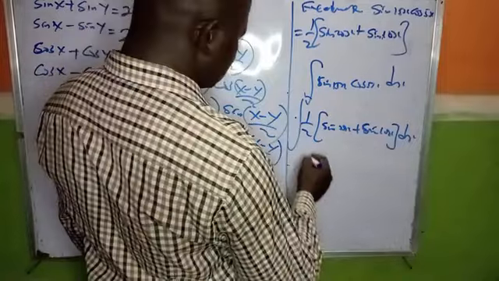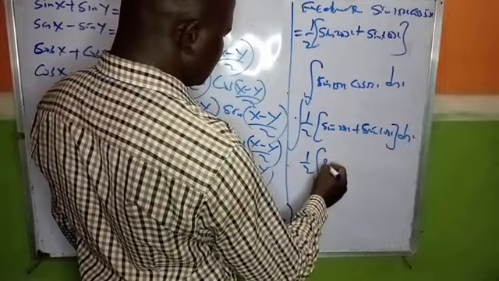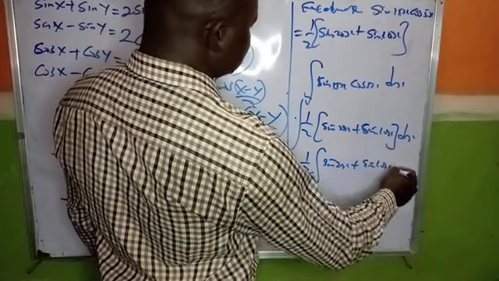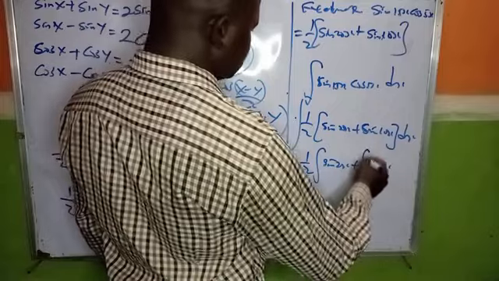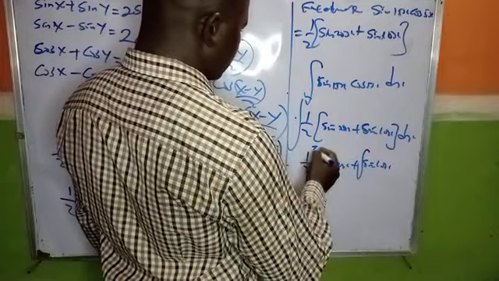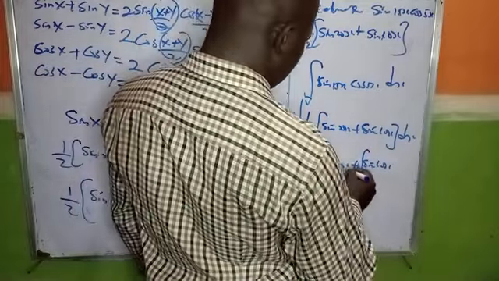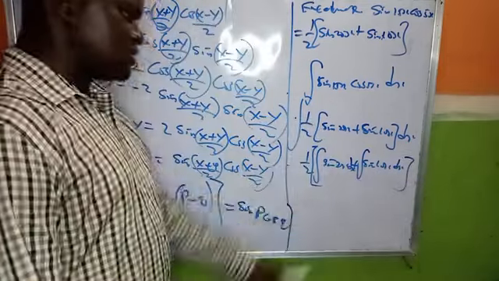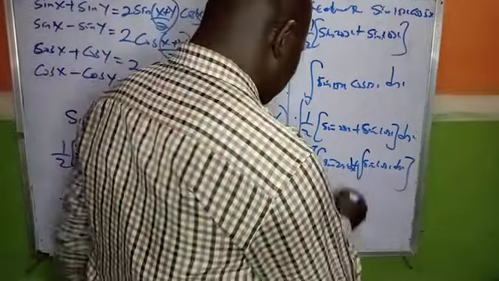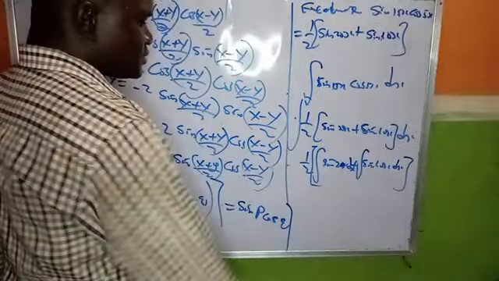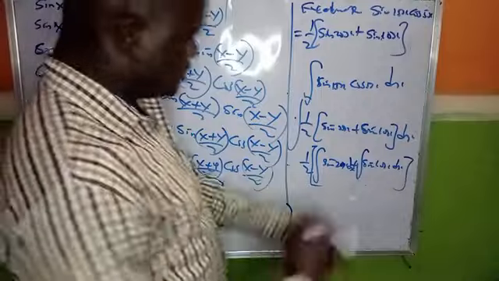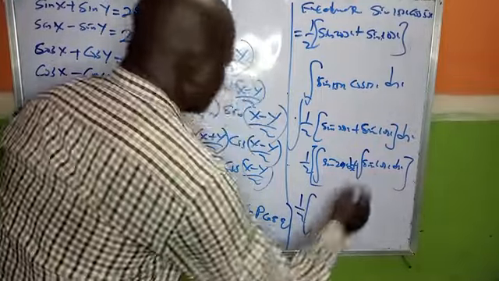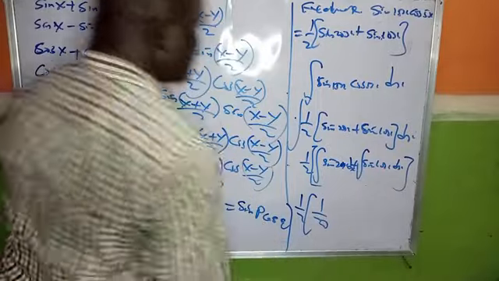So you integrate this, integral of sine 20x plus sine 10x. That's integral of this also, dx. So you have it like this. If you integrate this one, 20x, this one will give you 1 over 2 all into bracket 1 over 20.